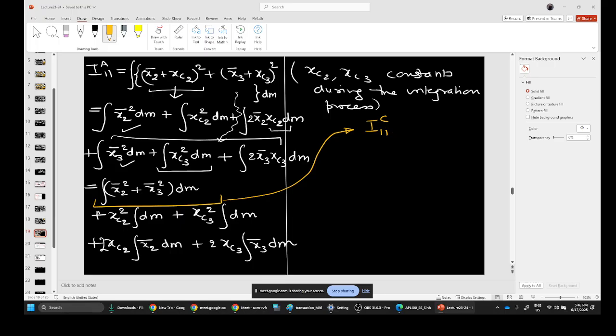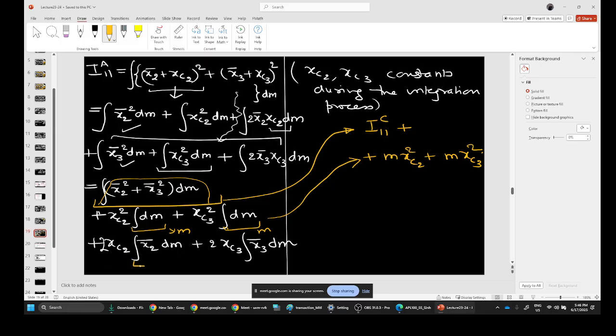This integration will simply give you M, and same, this will give you M. So it means I can write this as m xc2 square, m xc3 square.